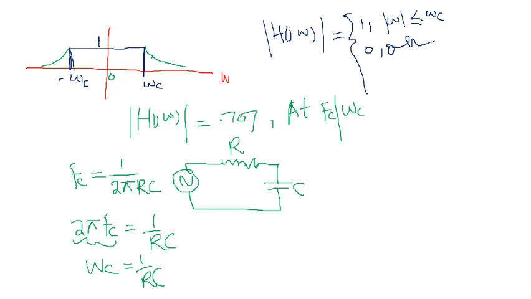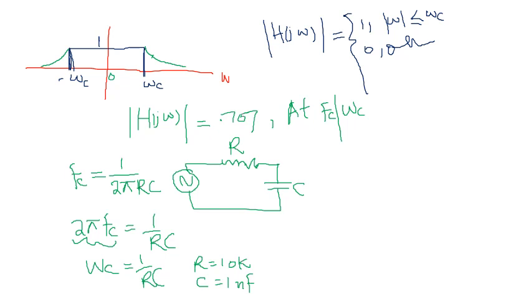For example, R equals 10K and C equals, for example, 1 nanofarad. What will be the cutoff frequency of this circuit?